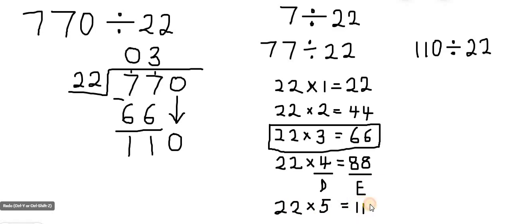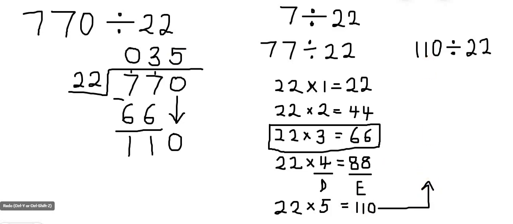Surprise, surprise, that makes 110. Okay, so that's perfectly matched with 110 here at the top. So the number of 22s in 110 will be in the column D, which is 5, so we put that above 0, and we take the answer on that line in column E.